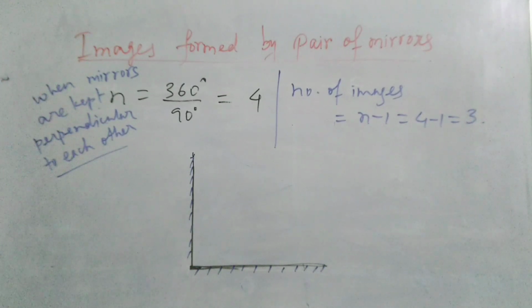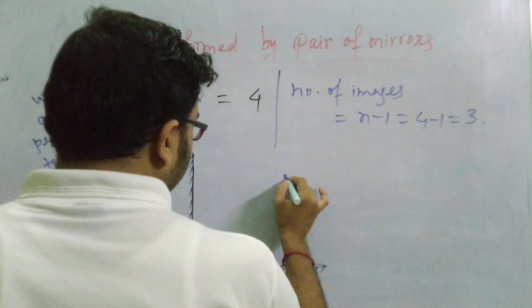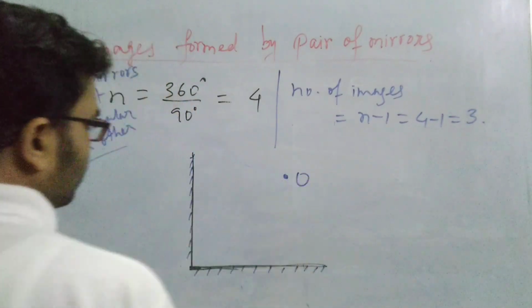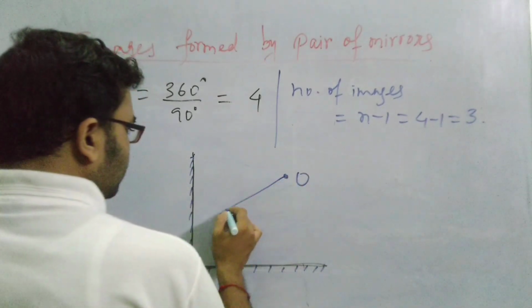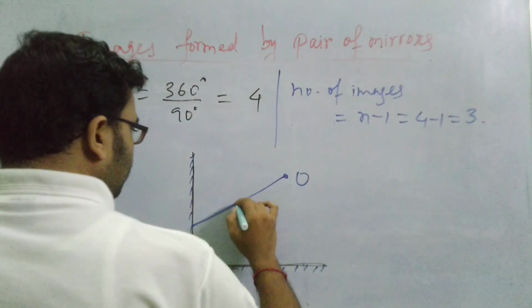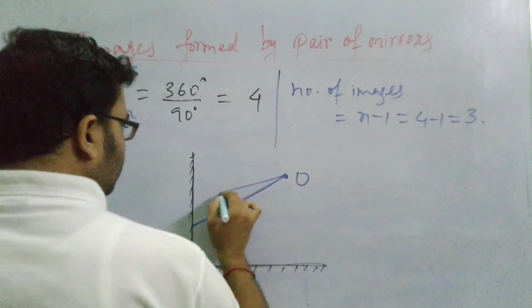So if I consider an object O to be here at this point, and the reflection is first on the mirror which is in the vertical plane. If I consider two light rays like this, one goes here and the other goes here.